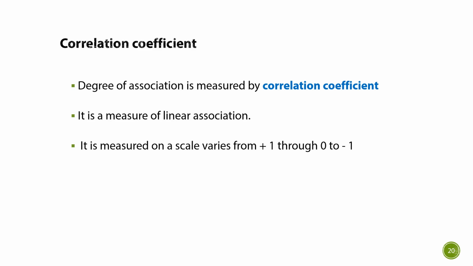The closer R is to +1 or -1, the more closely the two variables are related. If R is close to 0, it means there is no relationship between the variables. If R is positive, it means that as one variable gets larger, the other gets larger. When R is negative, it means that as one gets larger, the other gets smaller, called inverse correlation.